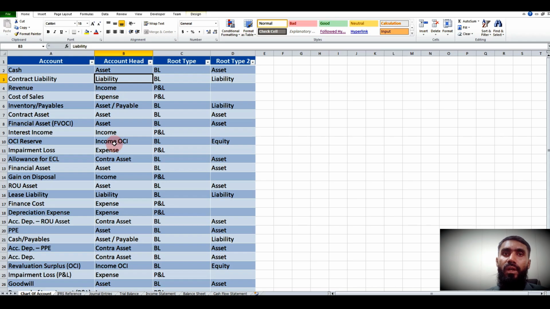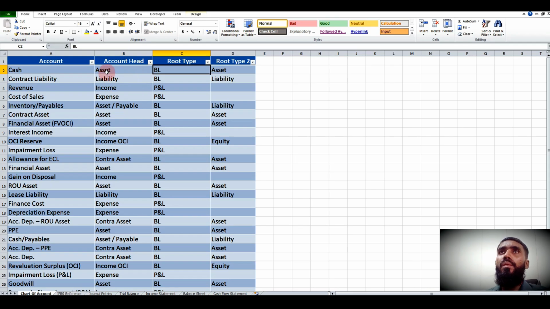Under IFRS rules, the profit and loss statement requires comprehensive income within the profit and loss statement.